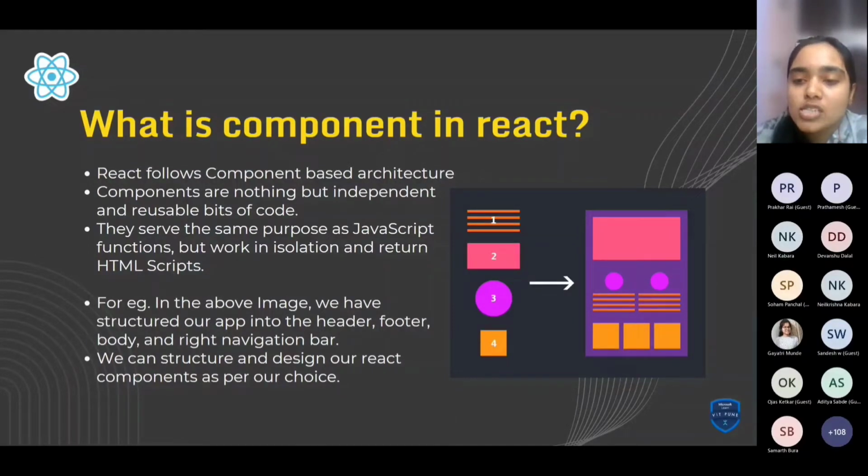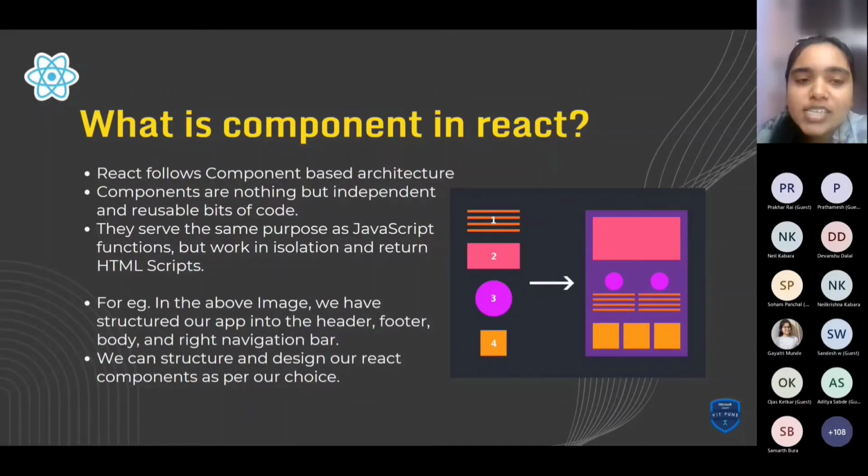The server does not each time have to pass all the components or the entire page. It will only send us the one dynamic component, right? So it will result in great performance and efficiency of our website, and we will see it in more detail in our practical example.